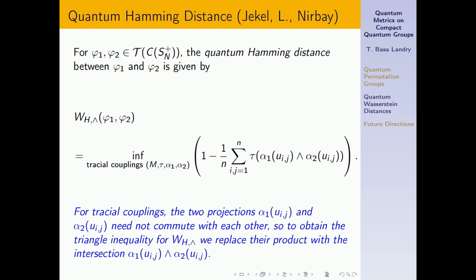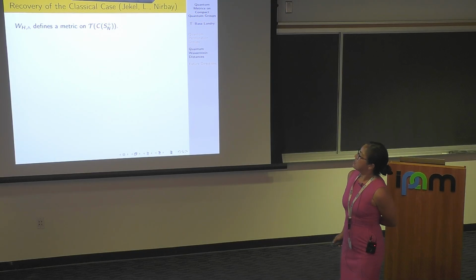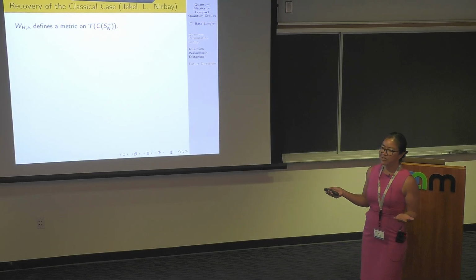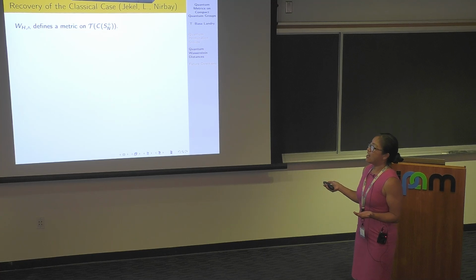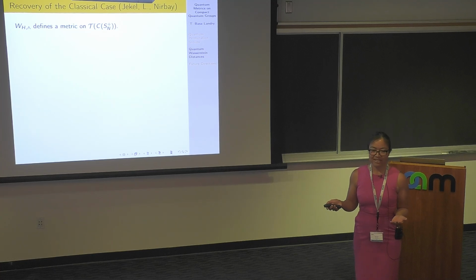In this wider non-commutative setting, using the tracial structure allowed us to overcome some of the difficulties, even in the definition of this distance, let alone whether it's a metric or not. We were able to show that this particular distance is a metric.